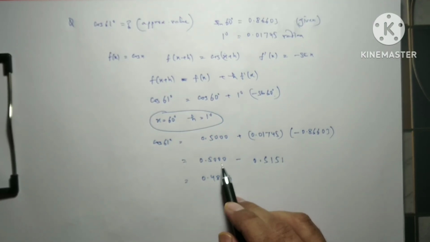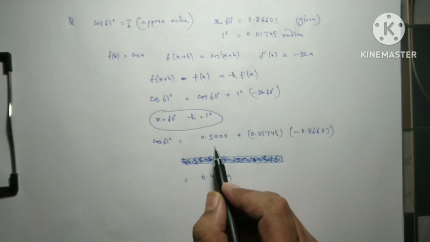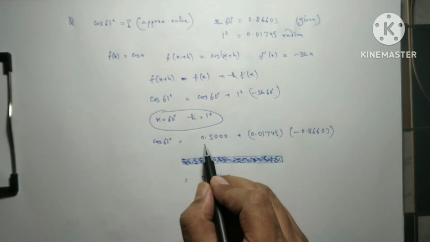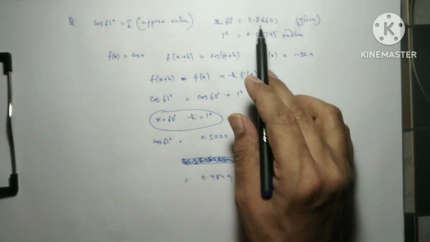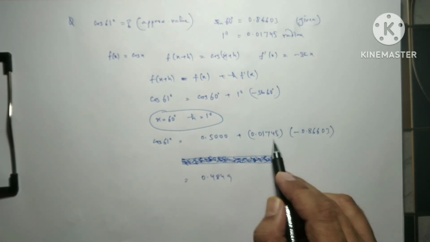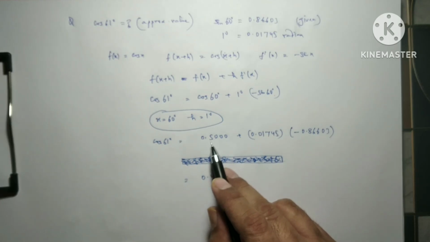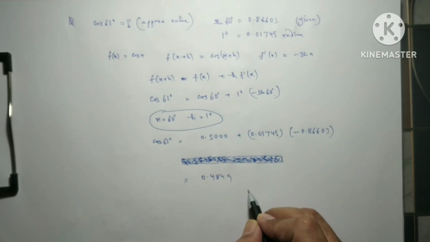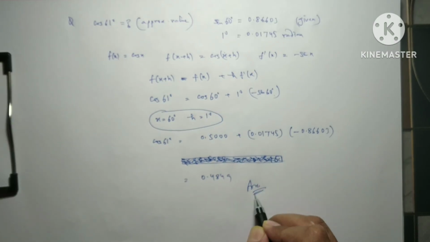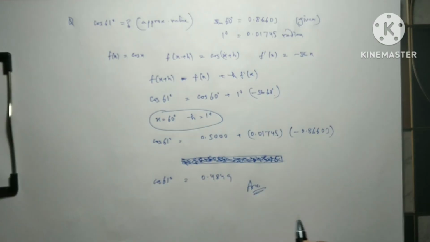So when you multiply this, you will get this. So this is the value of cos 60, and this is 1 degree, and this is sin 60. So you multiply this with the negative sign, and when you subtract this from 0.500, you get the answer. So it is cos of 61 degree. Thanks.